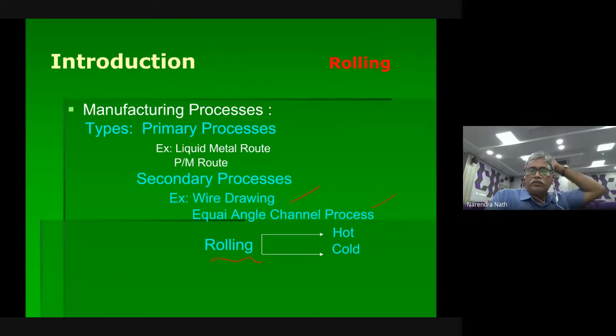In rolling, you can do it either at room temperature, or closer to the recrystallization temperature. It is not above, it is a little less. When you are working at room temperature without any heat, you cannot notice much metallurgical change.